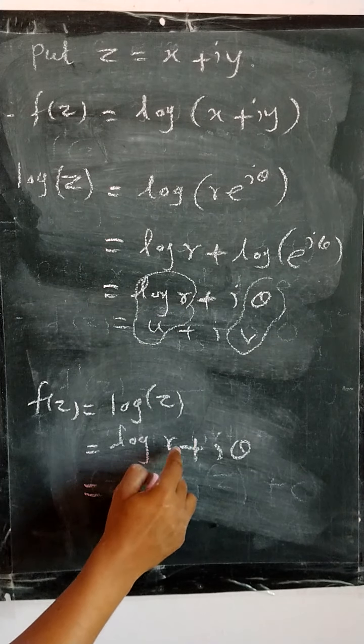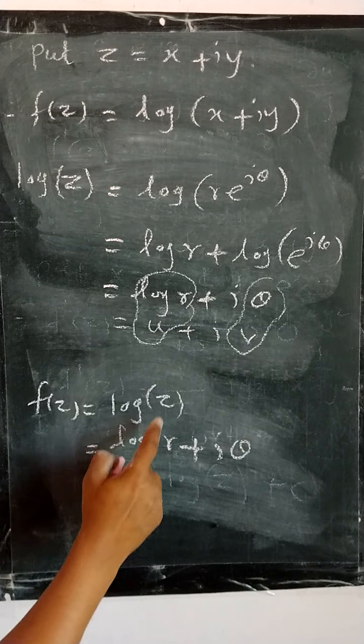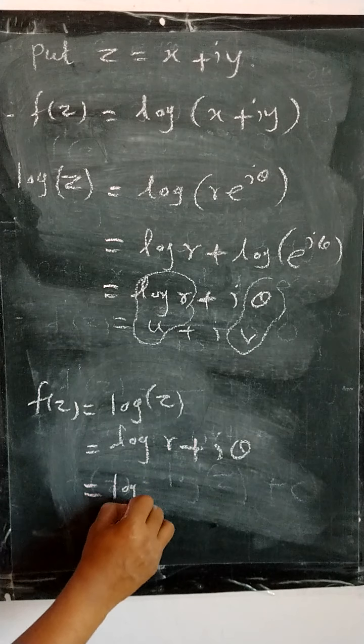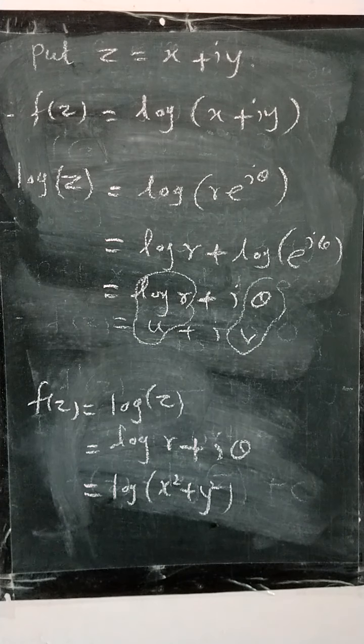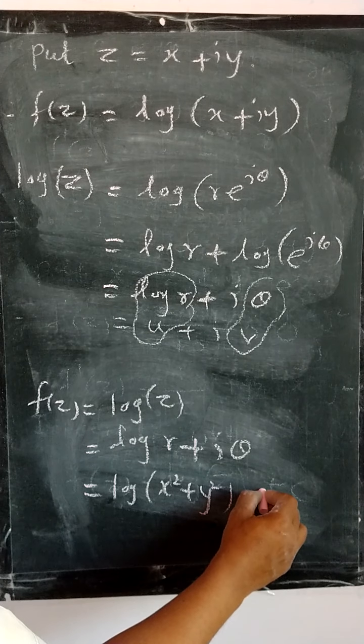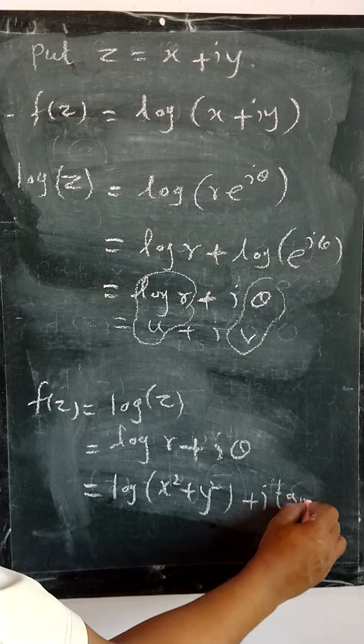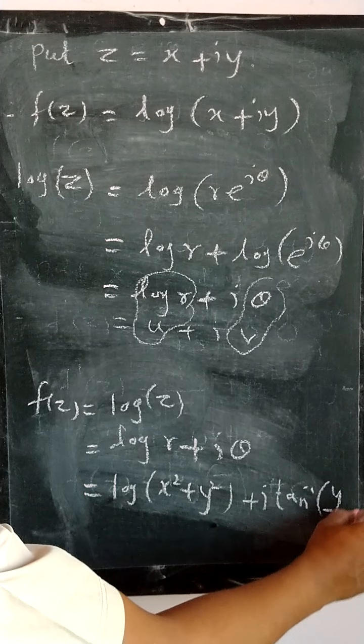So what is r? R is the modulus of this z, that is log of x square plus y square, and what is theta? Theta is tan inverse of y by x.